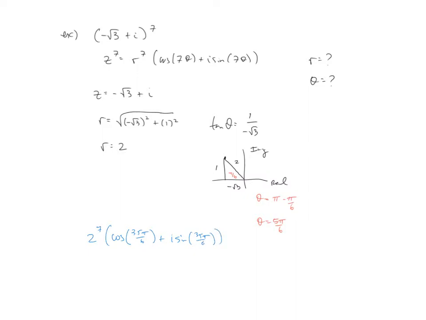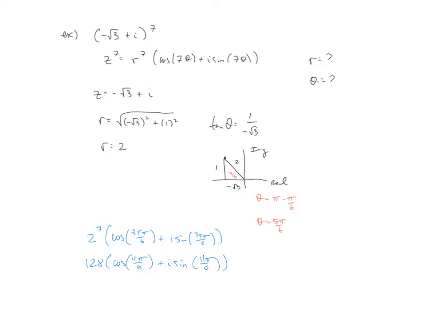And the 35 pi over 6, notice how that's unnecessarily large. So what we would try to do is find the least positive coterminal angle for the 35 pi over 6. So if you go ahead and subtract out multiples of 2 pi, you'll end up with 128 cosine of 11 pi over 6 plus I sine of 11 pi over 6, which we then could simplify down.